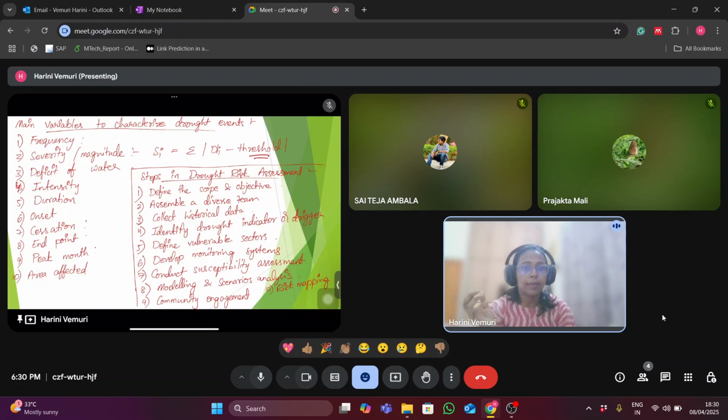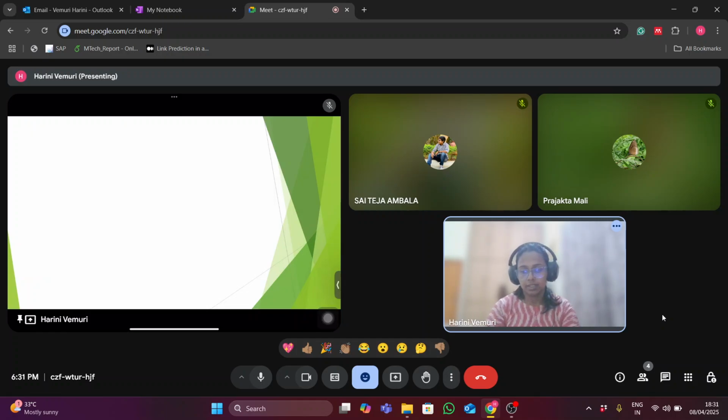We have to map them so that we can apply measures, either long term or short term, immediately for those particular areas. Okay. And we also need early warning systems for the particular areas which are under pressure.